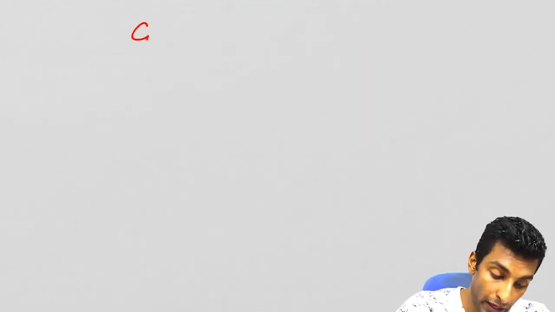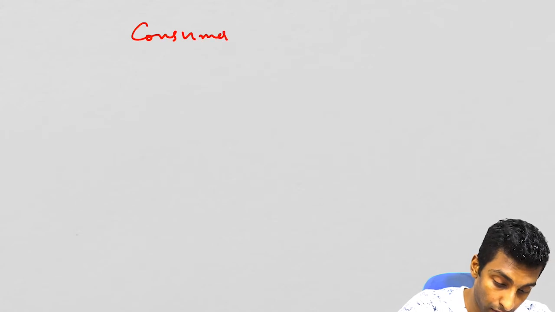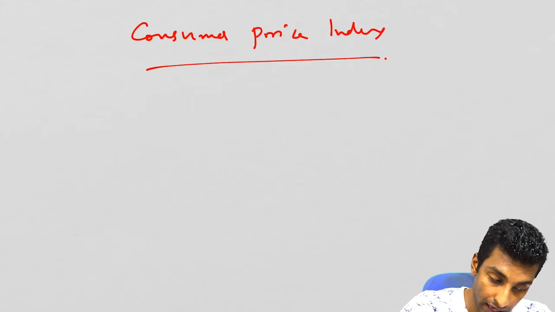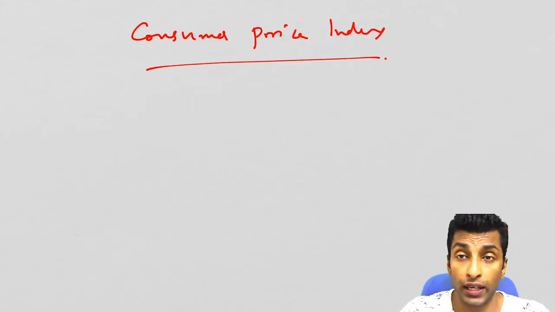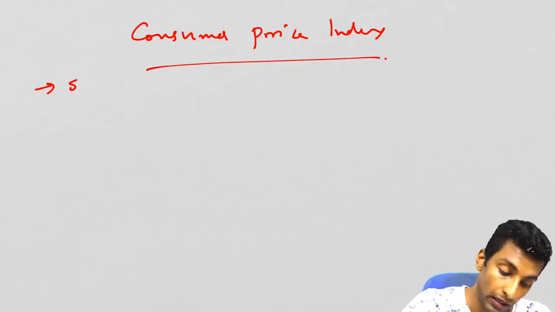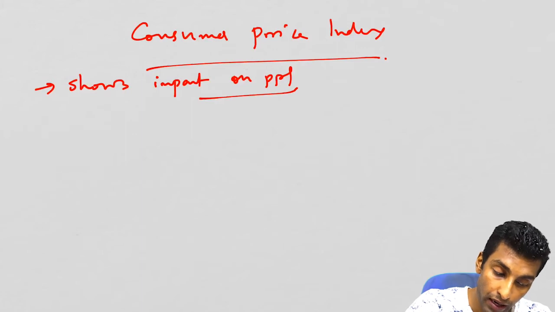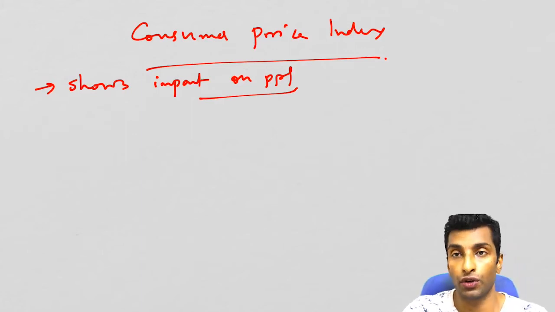The next is consumer price index. This one actually shows the impact of inflation on people. It shows the change in cost of living.